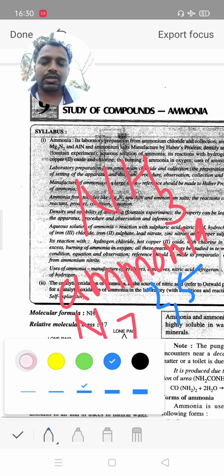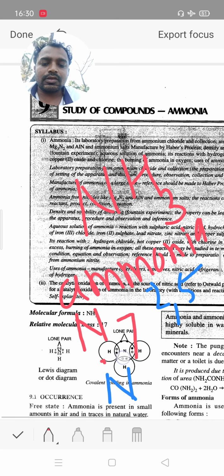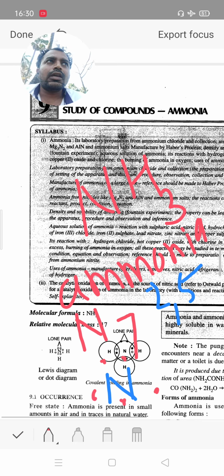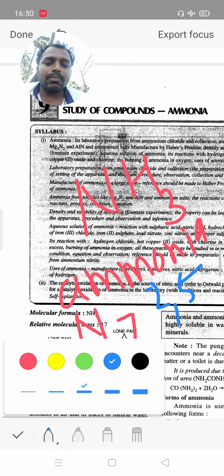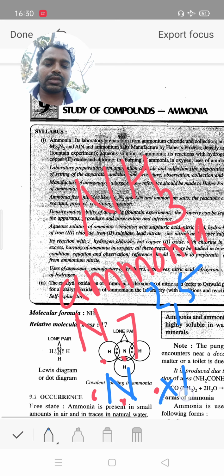So students, 1, 2, 3, 4 and 5. In ammonia, it forms 3 bond pairs with hydrogen. Hydrogen gives 1 electron. The ammonia molecule contains a total of 8 valence electrons.